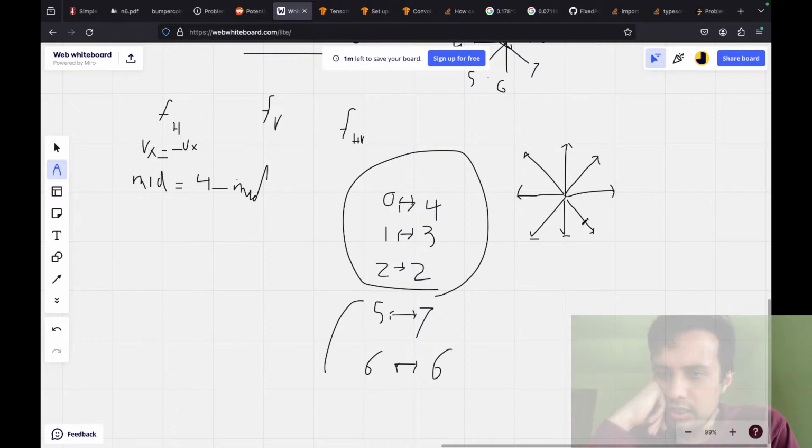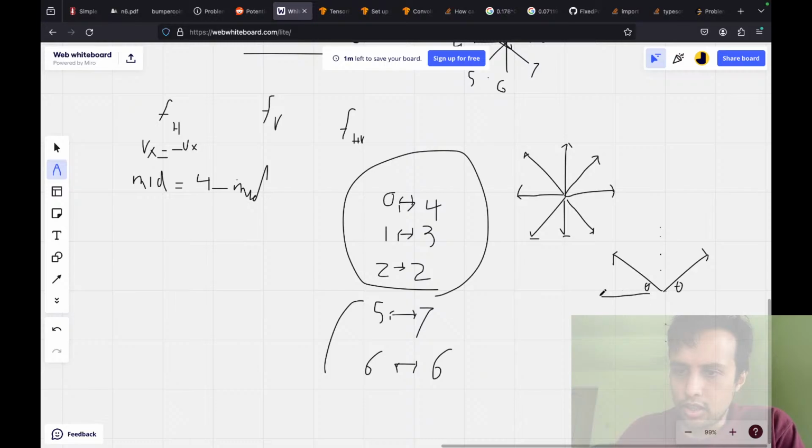Rather than guessing, let's think of what's happening. If we have some theta here, then what we're doing when we're flipping about this midline is getting the same theta, but from 180 degrees.